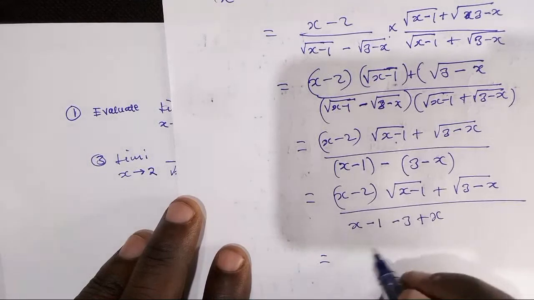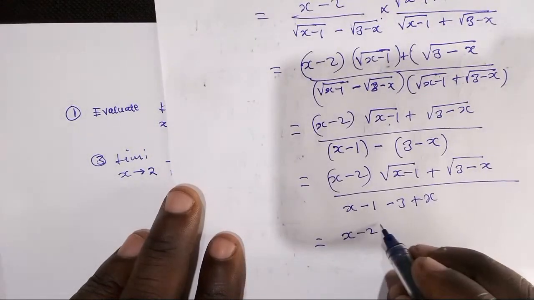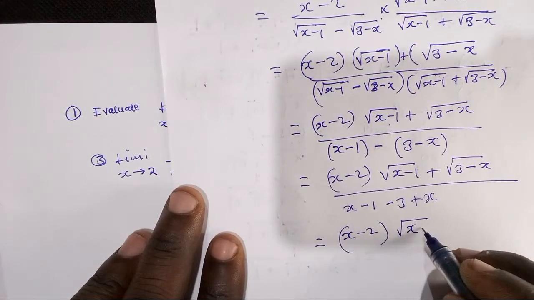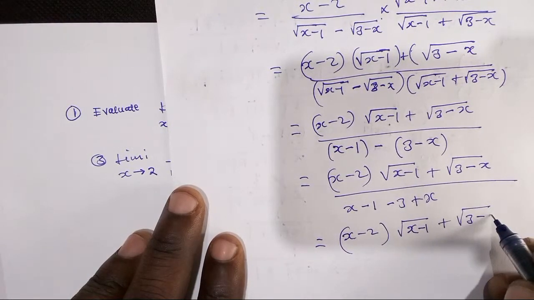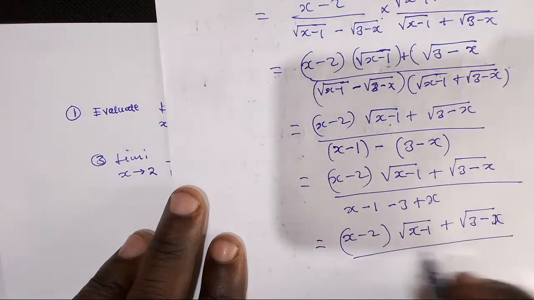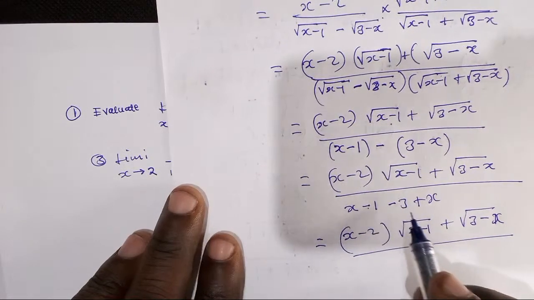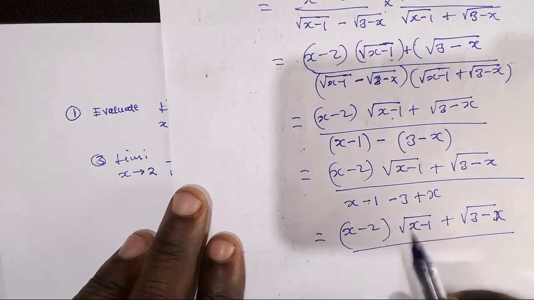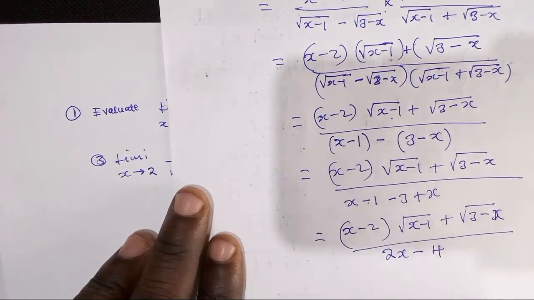So here down now, on top we have x minus 2, the bracket, then root x minus 1 plus root 3 minus x, right? Then over negative 1 minus negative 3, we are going to have minus 4. Then x plus x, we are going to have 2x, then minus 4, right?